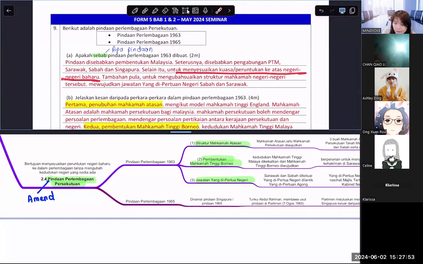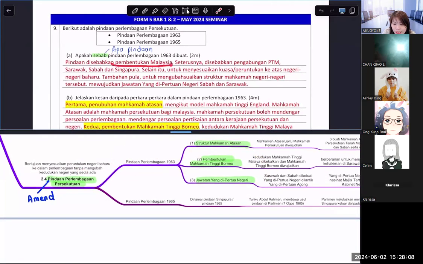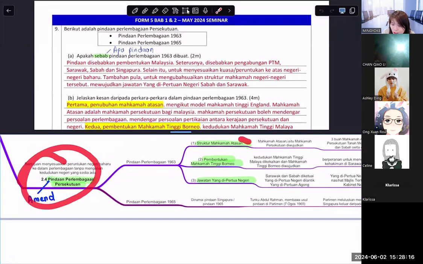You see? Menyesuaikan peruntukan ke negeri baru. Contoh, here. Mahkamah Negeri, Jawatan Negeri. Okay? As well as disebabkan what? In 1963, pembentukan Malaysia. So, 1 is because of pembentukan Malaysia. 2 is because menyesuaikan. 3 is you can give the contoh.